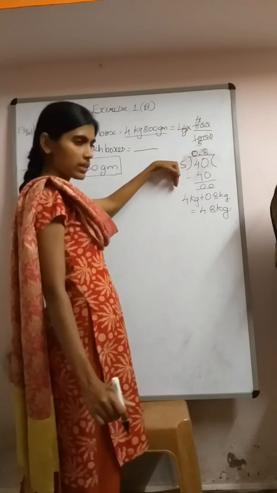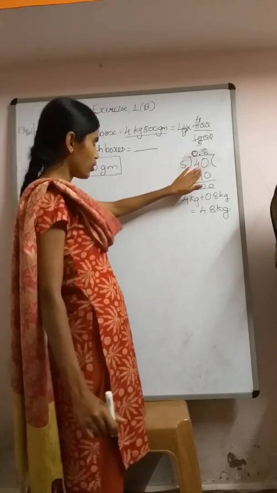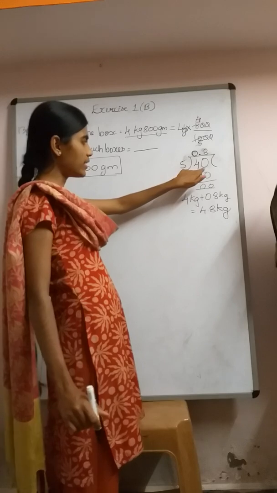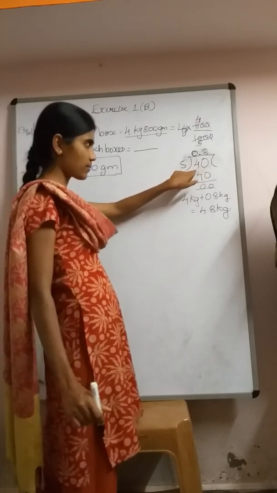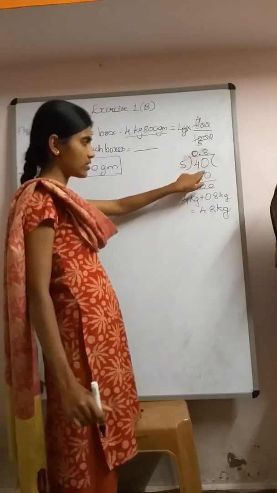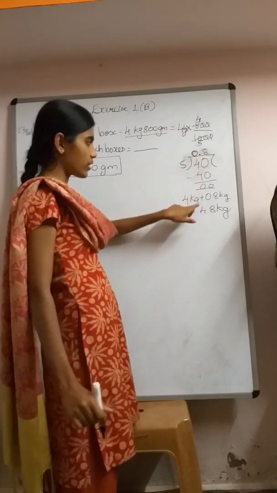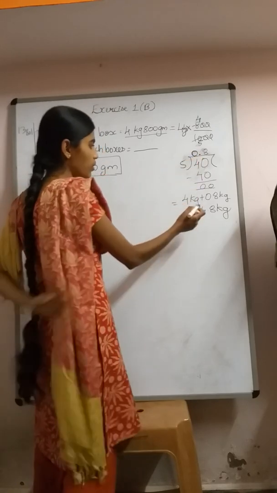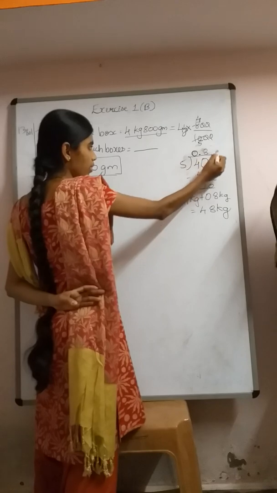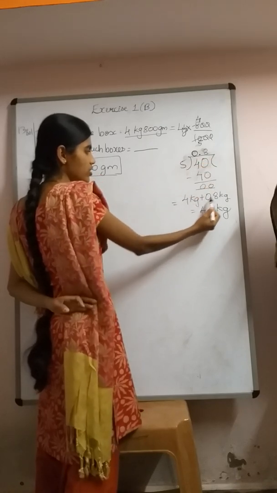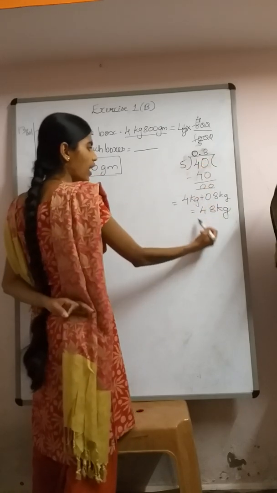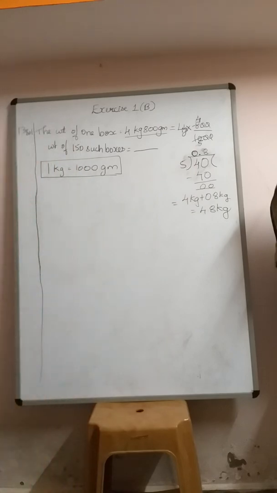I followed this method of division, that is 40 and 5. Why did I take 0? Because 4 was less. 0 point, then I added 0 and 5 8s are 40. Now after obtaining, how did I convert? 4 kg plus 0.8 kg. I got 4.8 kg. That's it.